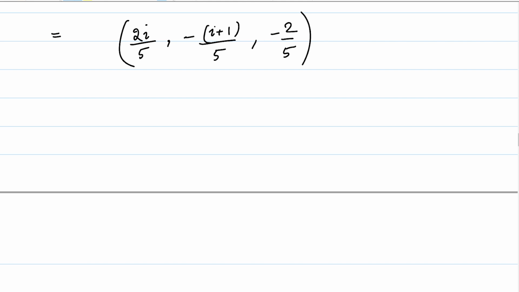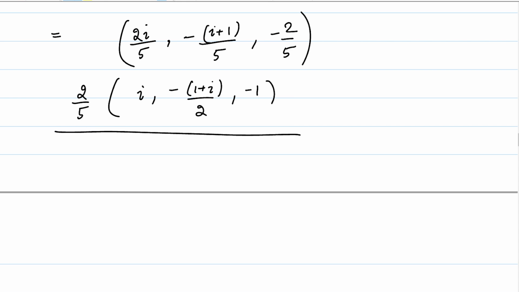if you are to extract things out, this is just going to be equal to 2/5 times i, minus of (1+i)/2 and minus of 1. And you orthonormalize it, so you can forget about this. Let's see, what is this?